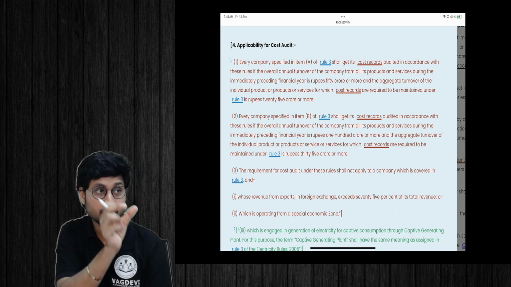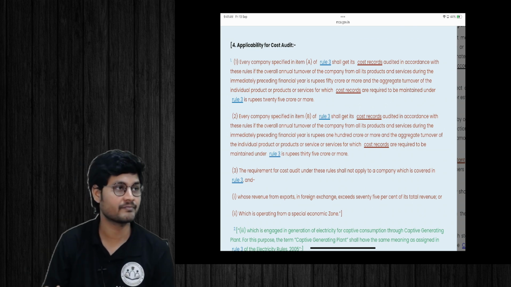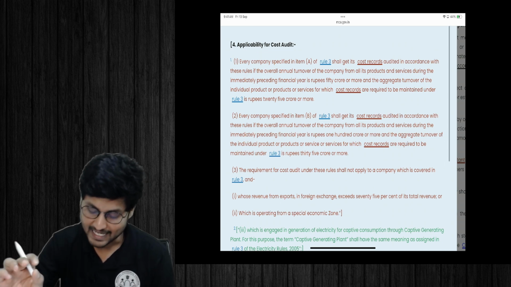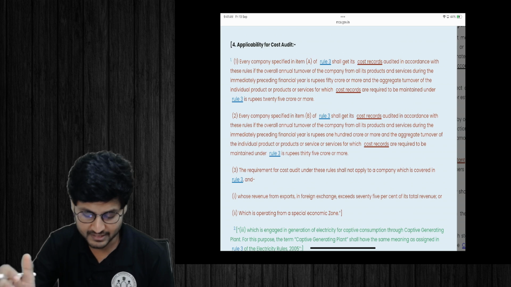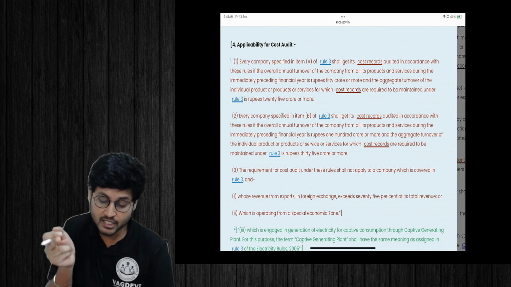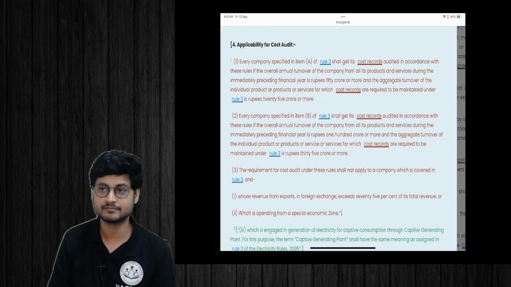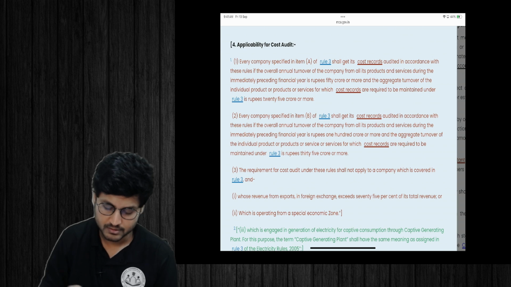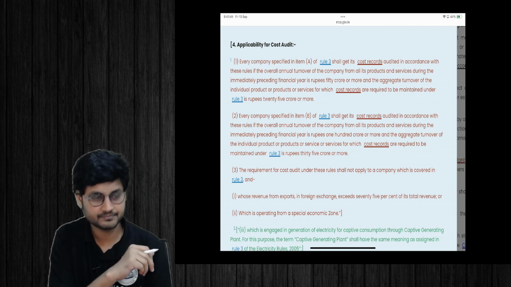So, the individual product must be covered under rule 3. See here, aggregate turnover of the individual product or products or services for which cost records are required to be maintained under rule 3.